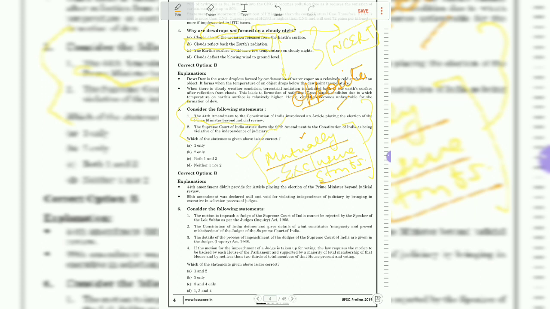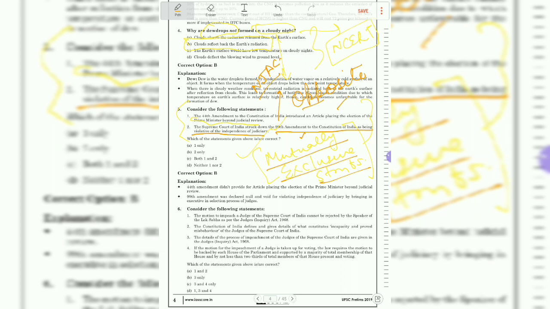Just read: Supreme Court of India struck down the 99th Amendment to the Constitution of India as being violative of the independence of judiciary, right? So you know the NJAC, it was the 99th, so it was struck down on the ground of independence of judiciary.